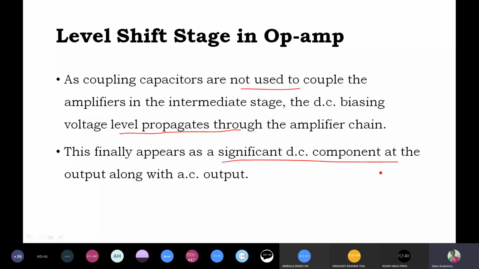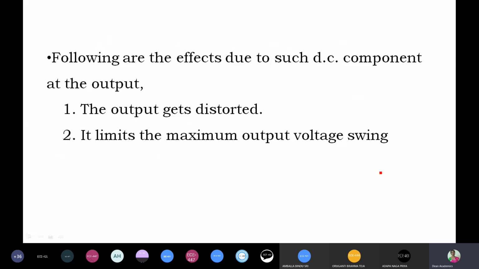At the output of the amplifier we need only AC but not DC. Therefore we try to take care of that problem. Not only that, the presence of that DC voltage also distorts our output. That means the input is like this, and the output voltage will be like this.